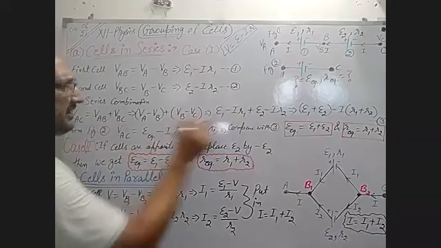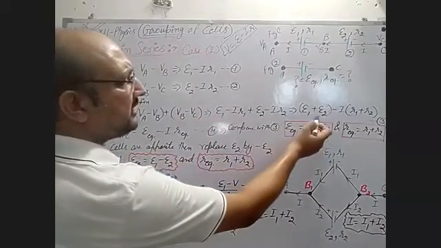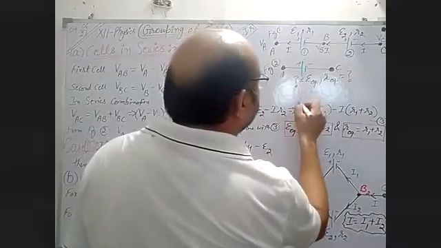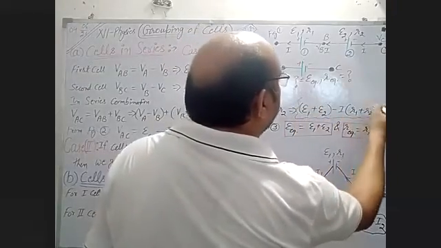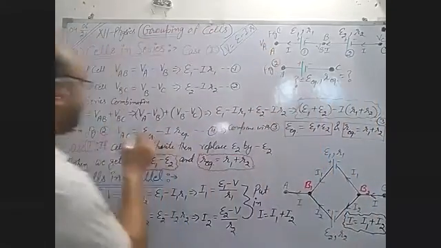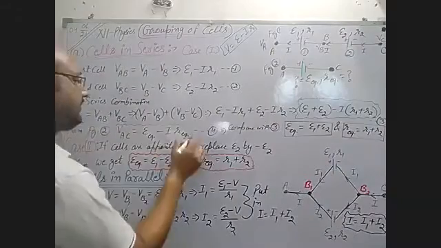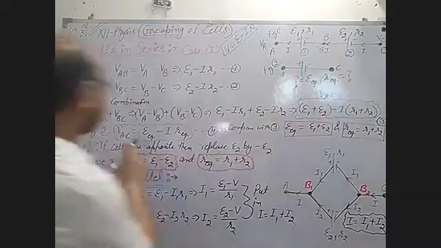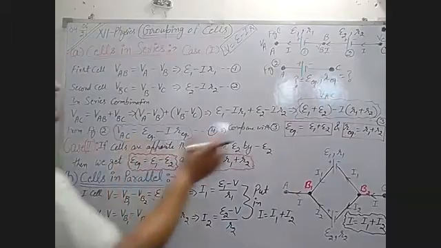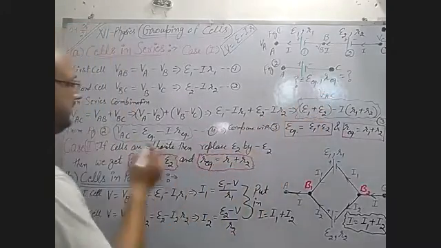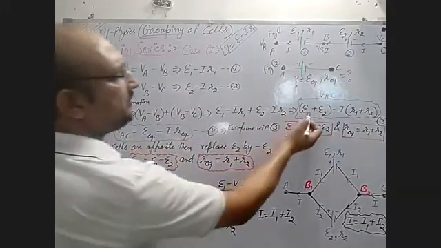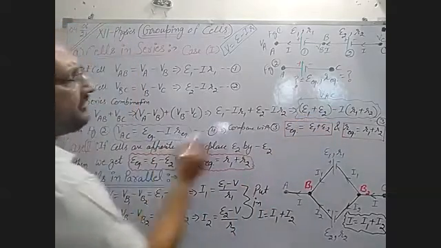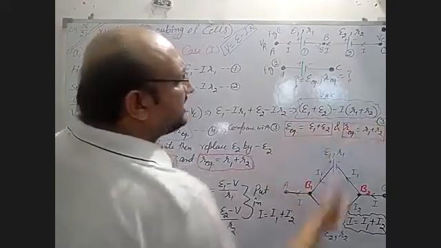Now in figure 2, this is the result, E equivalent minus I R equivalent. Now compare this equation with equation 3, because this is also VAC and this is also VAC. If we compare, then E equivalent will be equal to E1 plus E2, and R equivalent will be equal to R1 plus R2.